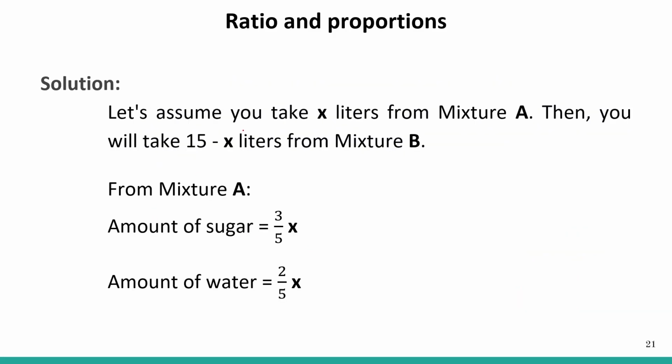So let's assume x liters from mixture A, then you will take 15 minus x liters from mixture B, because cumulatively both of them become 15 liters. So 15 liters is equal to x plus (15 minus x). So we are on the right path. Okay, so the assumption is correct here. From mixture A, the amount of sugar will be 3/5 into x and the amount of water will be 2/5 into x.